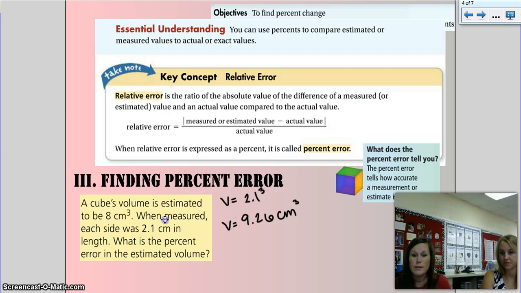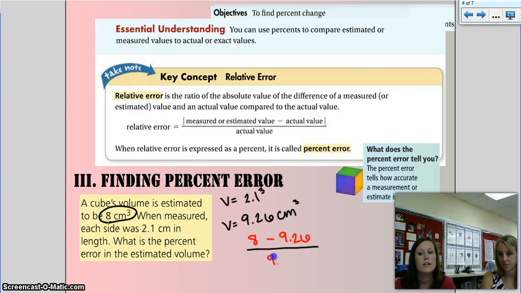Now I'm going to find the difference. The estimated was 8, and it's estimated minus actual. 8 minus 9.26 is negative 1.26. Then divided by the actual, 9.26. We had to find this because we had to know what the volume was.